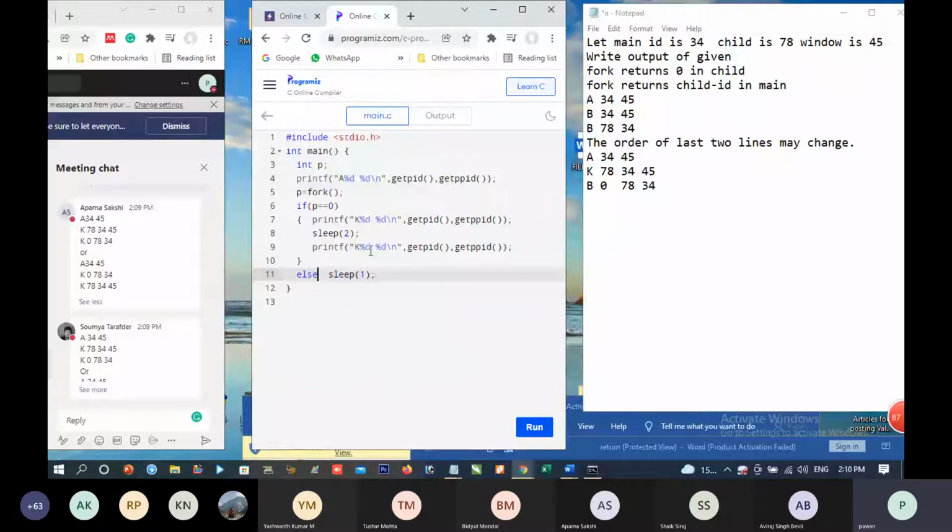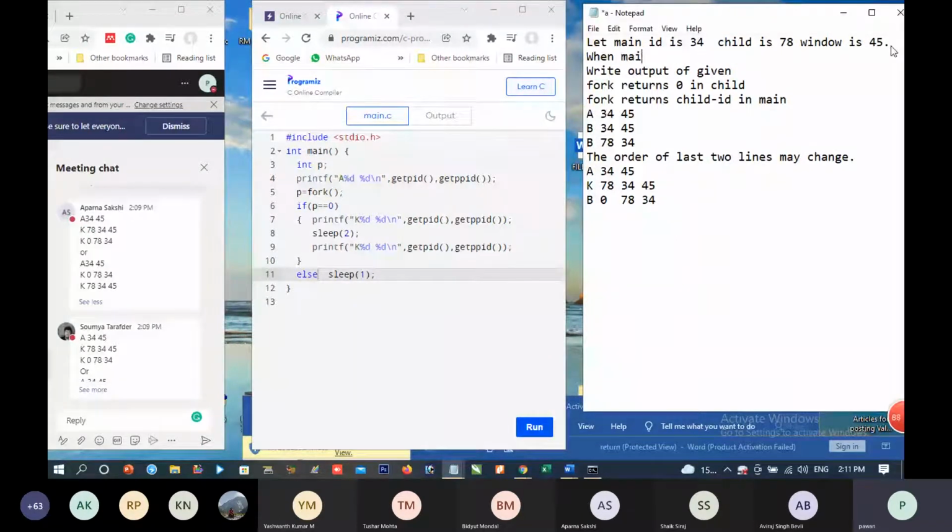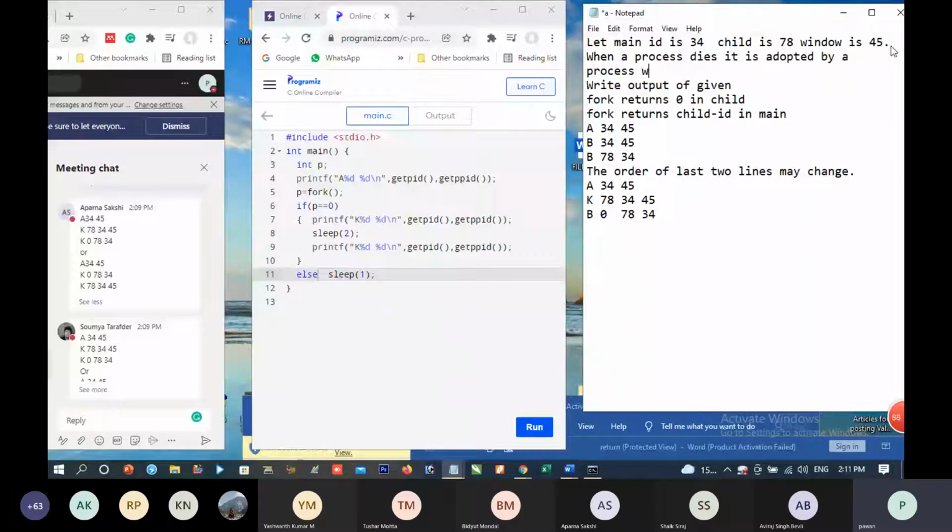Now let main's ID be 34, child 74, window 85. When a process dies, it is adopted by a process with ID 59.